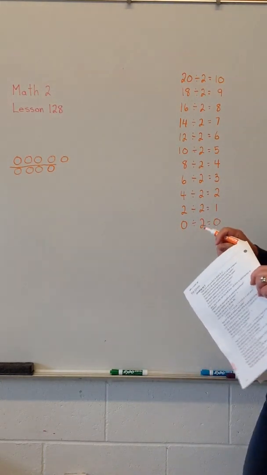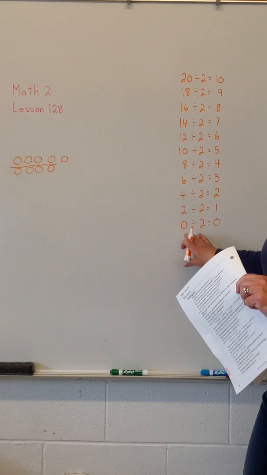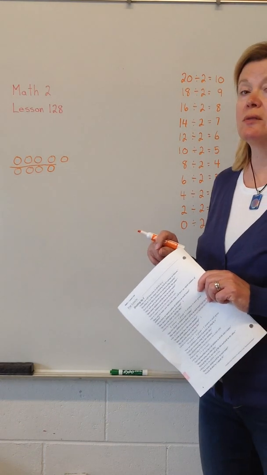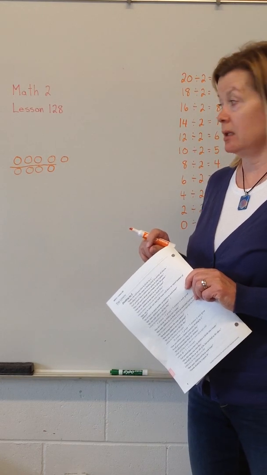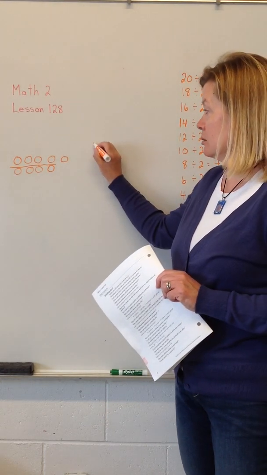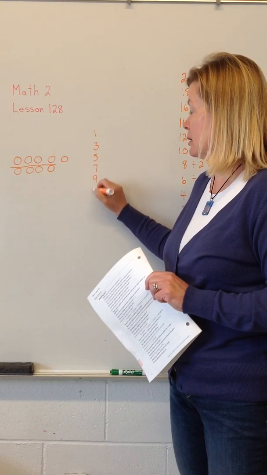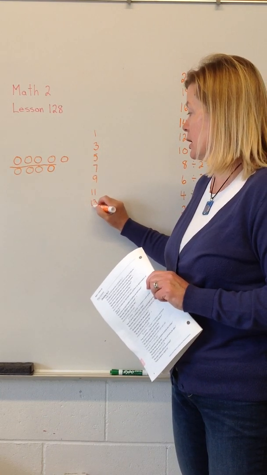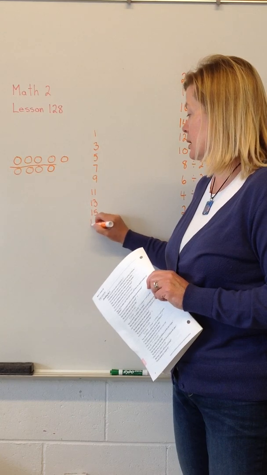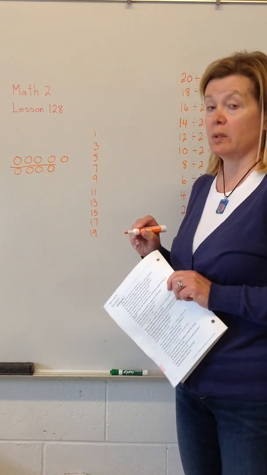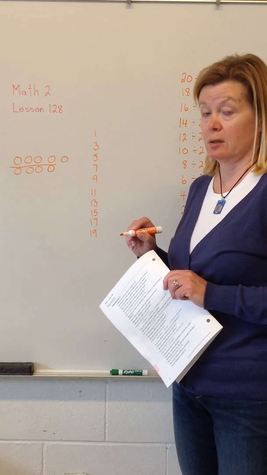They're all even numbers. So with the even numbers, you can divide into equal groups easily. If you use odd numbers, 1, 3, 5, 7, 9, 11, 13, 15, 17, 19, and on, you will always have at least 1 left over.